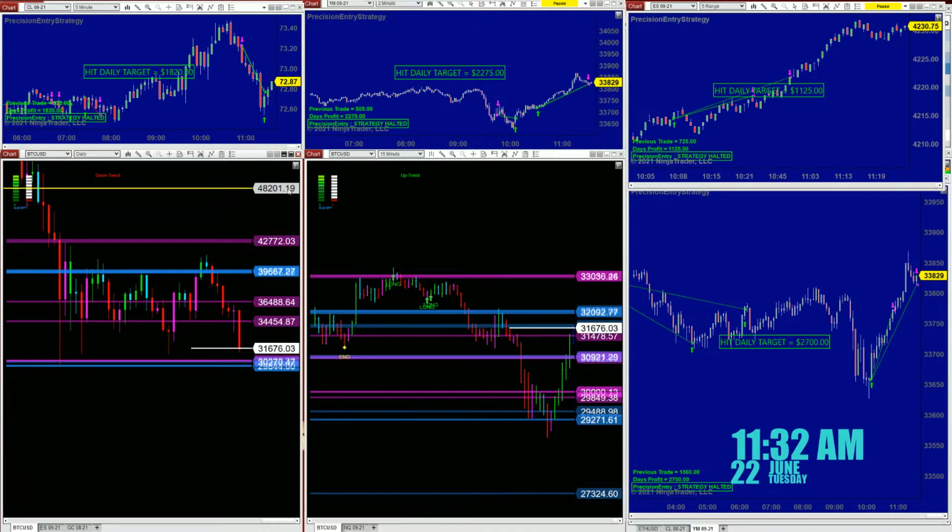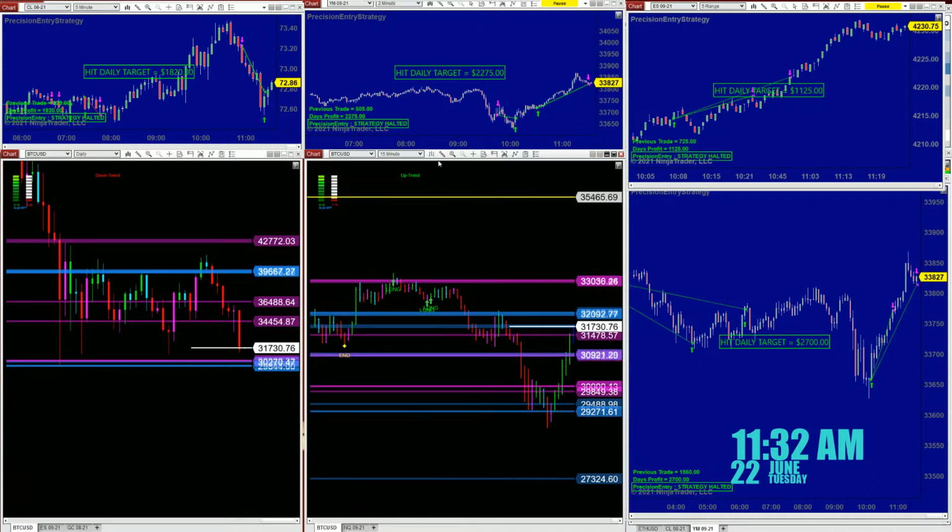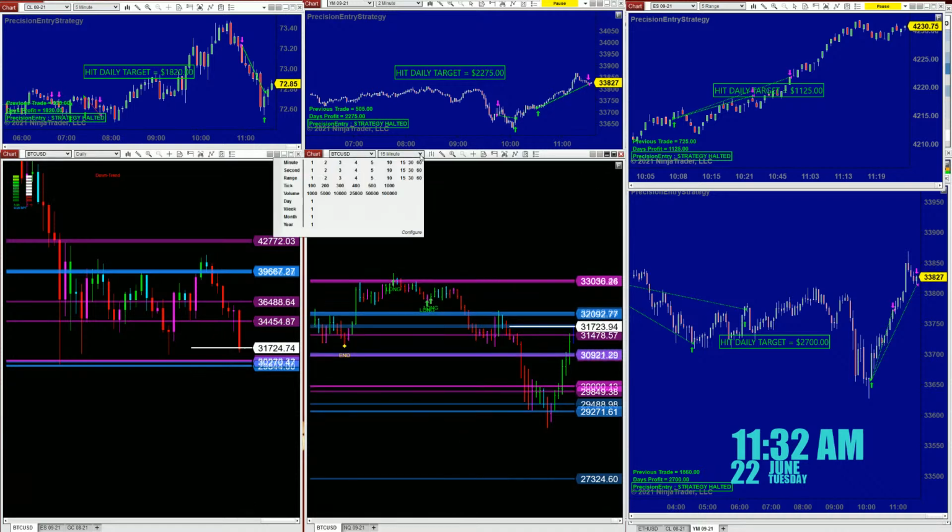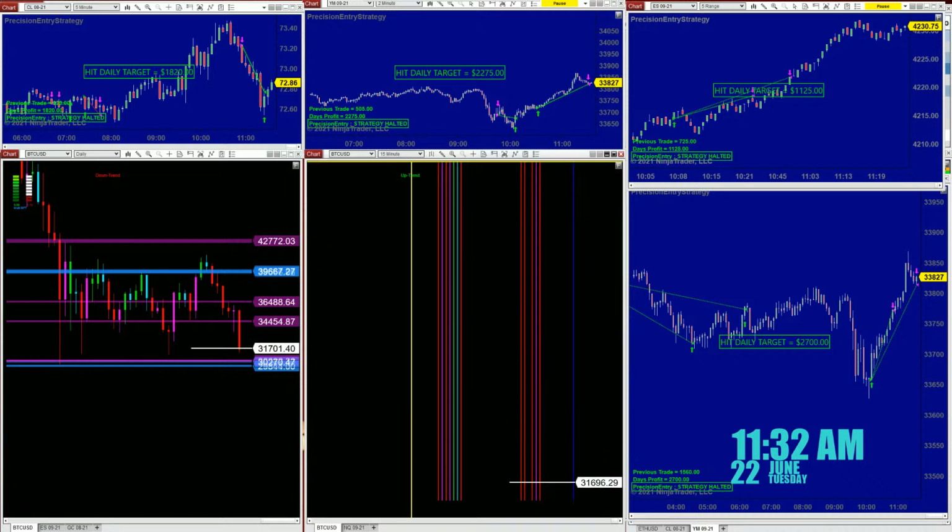Those institutionals, they're not looking at Renko bars, and they're not looking at your Ninja Trader. With all due respect, I think it's a great platform. Those institutions, Bitcoin, ES, NASDAQ, Dow Jones, that's what they are looking at. That's their chart.